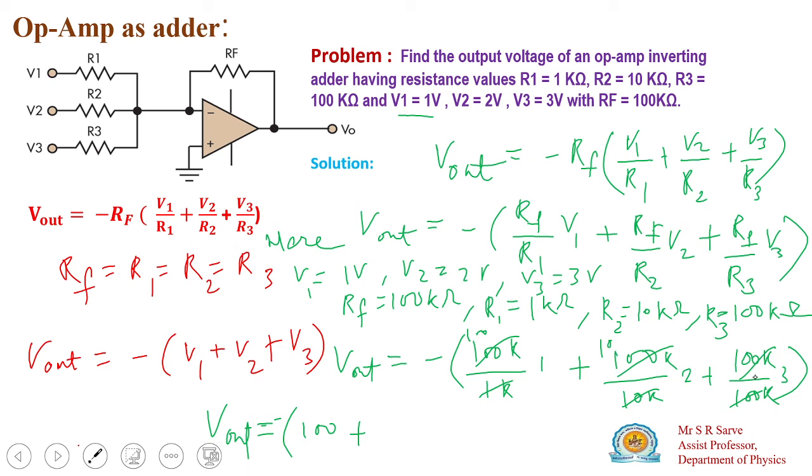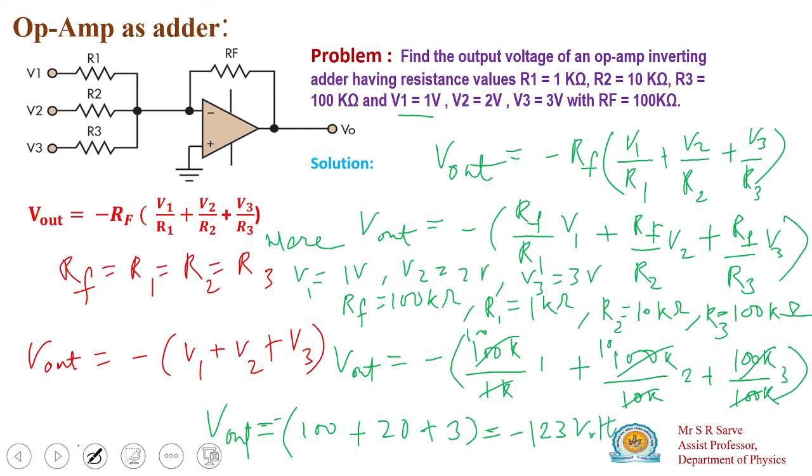And the last term, the 100k values cancel out, so there will be only 3. So we get 100 plus 20 plus 3. So the output voltage is equal to minus 123 volt.